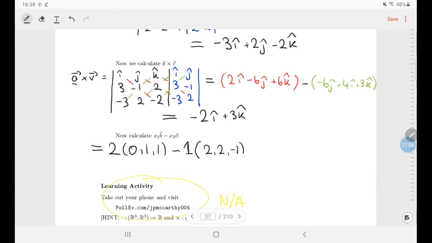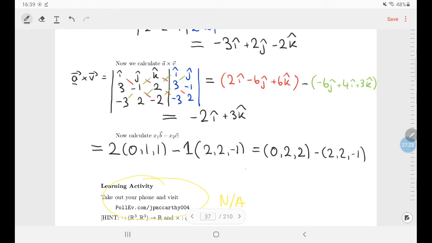So do we get the same thing? Carefully multiply in the scalars. If you have a scalar by a vector, you multiply everything. 2 by 0 is 0. 2 by 1 is 2. 2 by 1 again is 2. Take away: 1 by anything is the same thing, so you get 2, 2, minus 1.